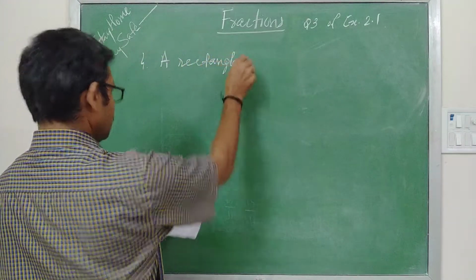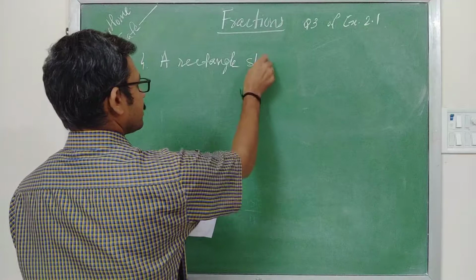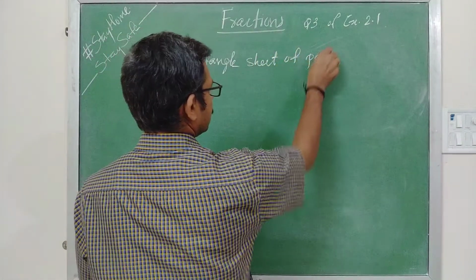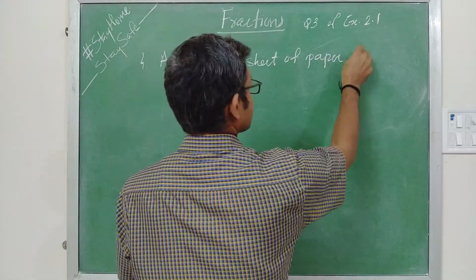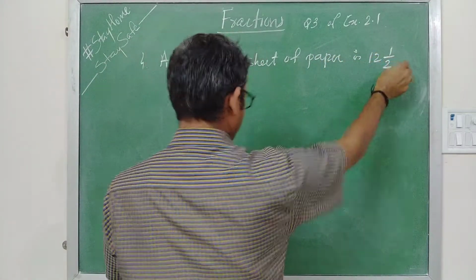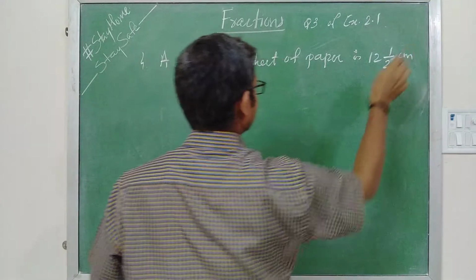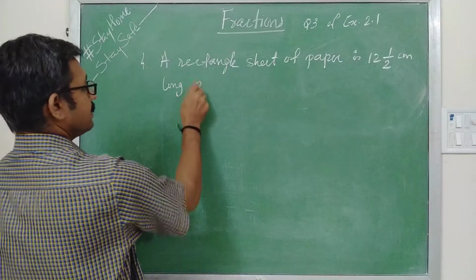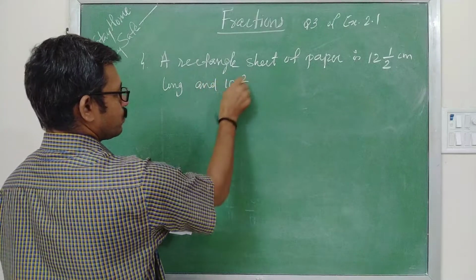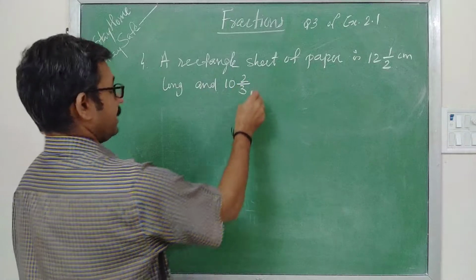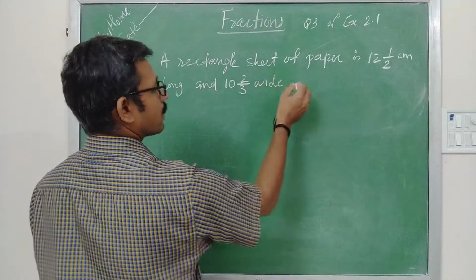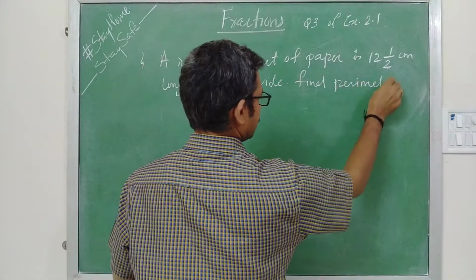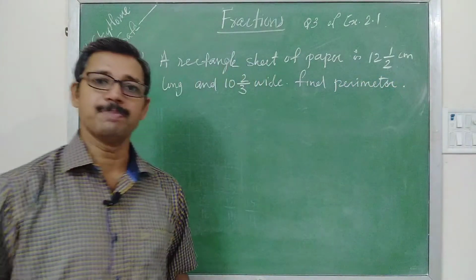A rectangular sheet of paper is 12 integer 1 upon 2 centimeter long and 10 integer 2 upon 3 wide. We have to find the perimeter.